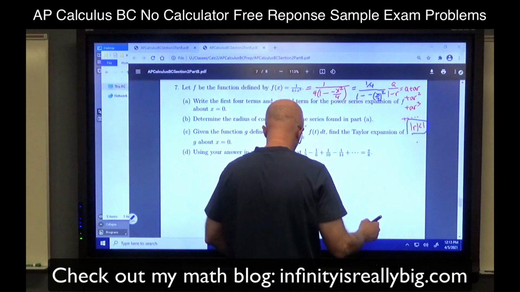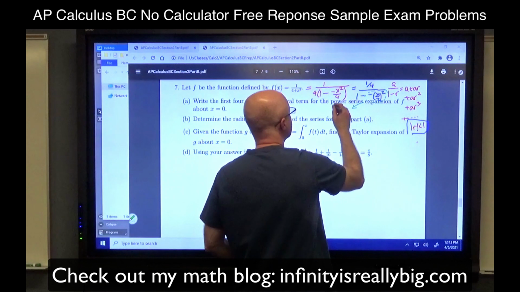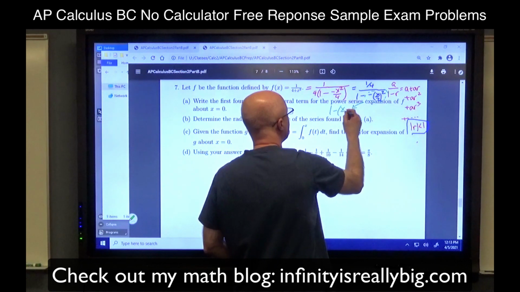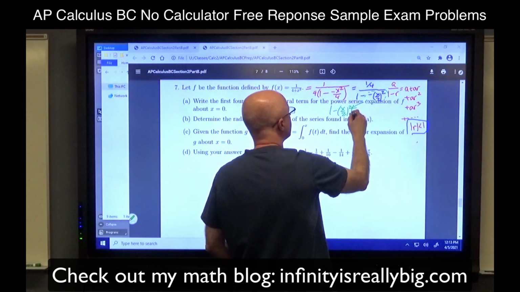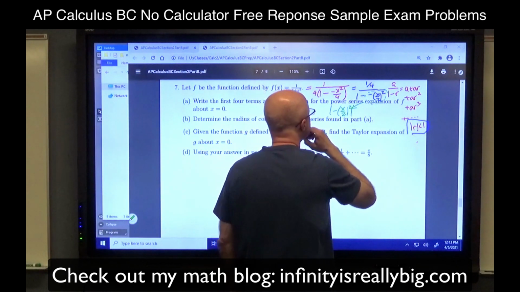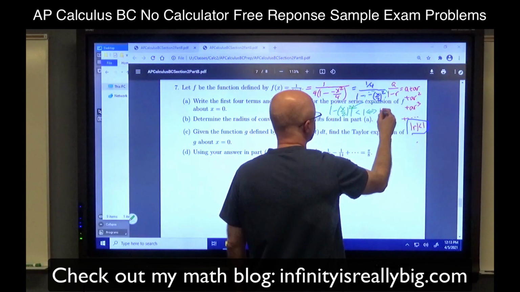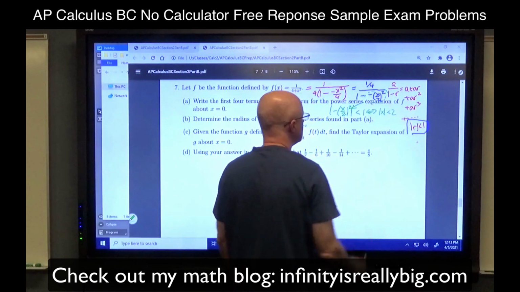This is the r here. The absolute value of that is less than 1 if and only if the absolute value of x itself is less than 2.